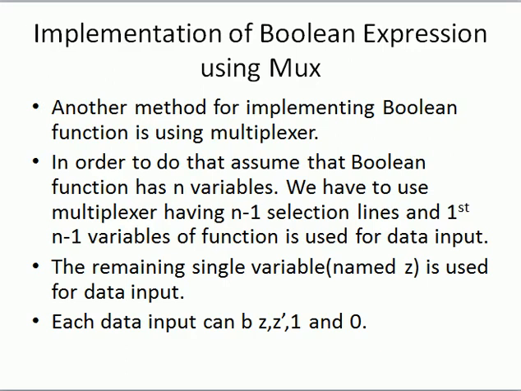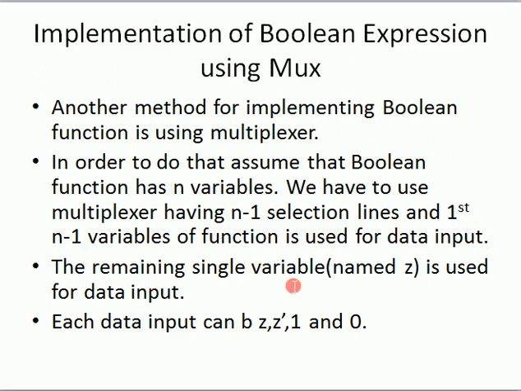There will be n-1 select lines, and the first n-1 variables of the function are used as the select inputs, while the remaining single variable, named z, is used for the data input.